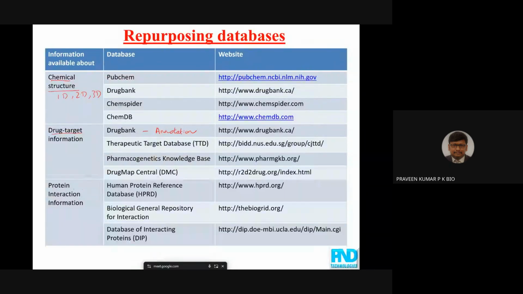The next thing is protein interaction information. Just merely talking is not sufficient to publish high quality research papers. So our objective is to learn a few more skills related to computer aided drug design.